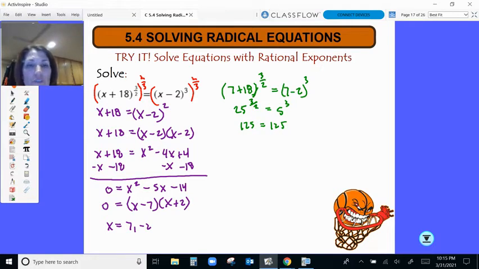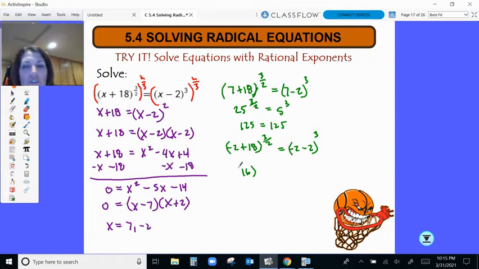Let's try -2. So -2 plus 18 to the 3/2 power equals -2 minus 2 cubed. Okay, this becomes 16 to the 3/2 equals -4 cubed.